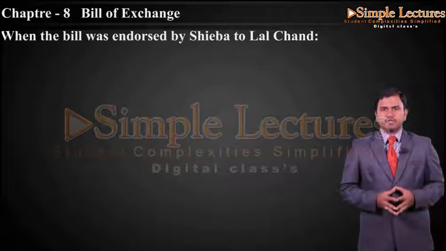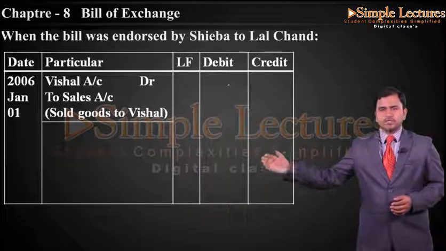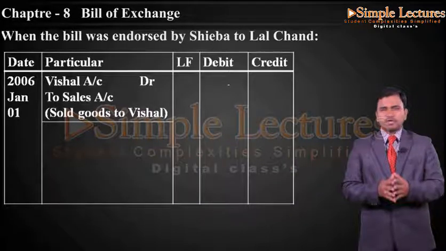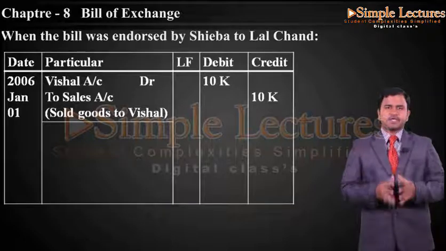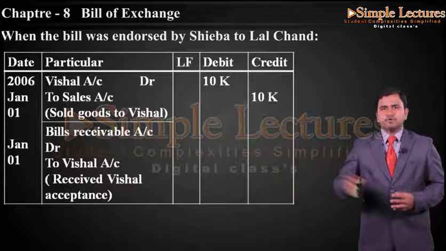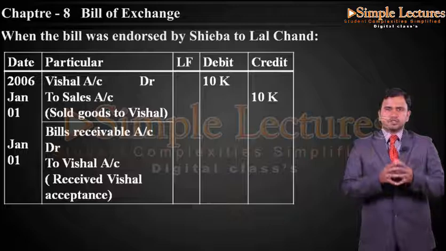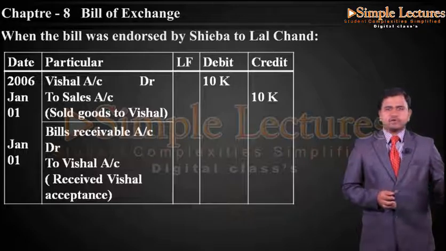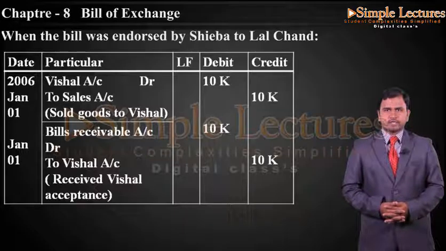The first entry will be for the credit sales, Vishal account debtor to sales account, being goods sold to Vishal on credit, 10,000 debit and 10,000 credit. And the second entry will be for acceptance, bills receivable account debtor to Vishal account, narration being acceptance given by Vishal for the bill drawn for 2 months, 10,000 debit and 10,000 credit.